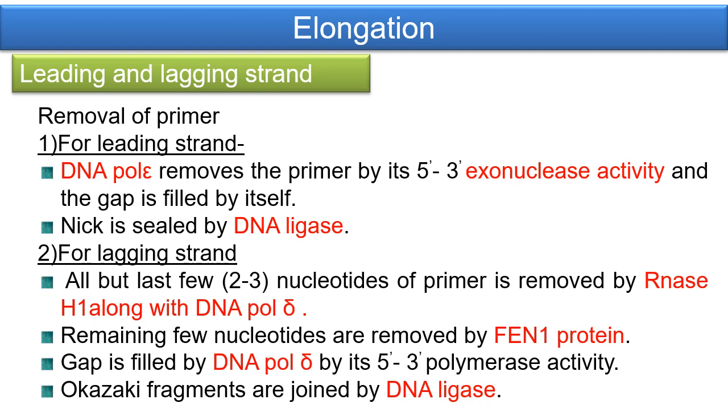These remaining 2 to 3 nucleotides are removed by another protein called FEN1 protein, that is flap endonuclease 1 protein. The gap thus created is filled up again by the DNA polymerase delta enzyme by its 5 to 3 prime polymerase activity. And now the Okazaki fragments, the stretches, are joined by the same enzyme, that is DNA ligase, and this completes the process of replication in lagging strand.